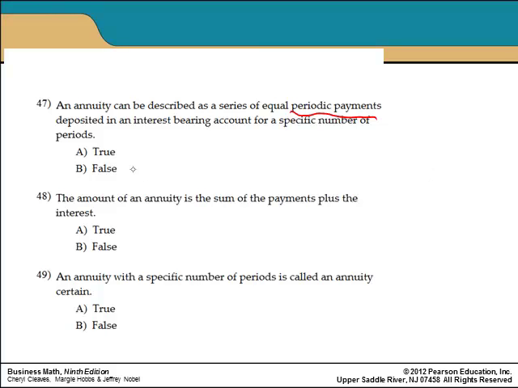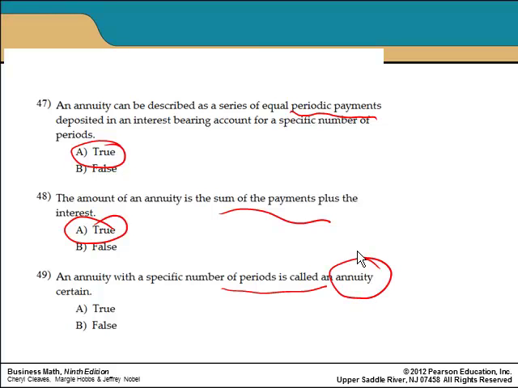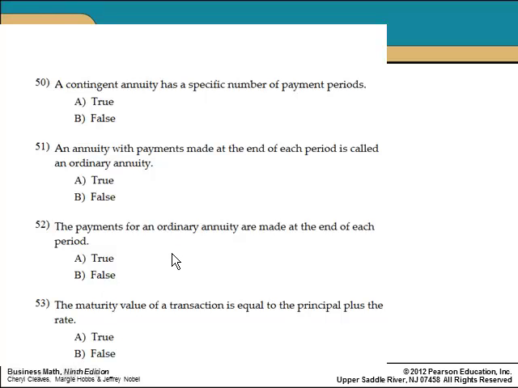So an annuity can be described as a series of equal payments deposited in an interest-bearing account for a specific number of periods. The amount of an annuity is the sum of the payments plus the interest. If there is a specific number of periods, it's called an annuity certain. A contingent annuity has a variable number of payments.